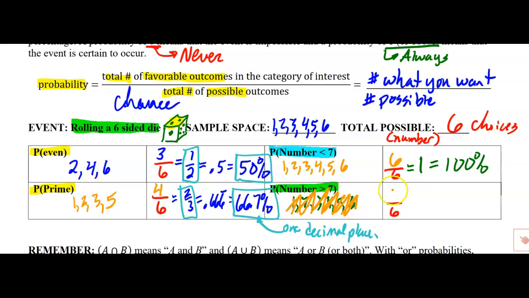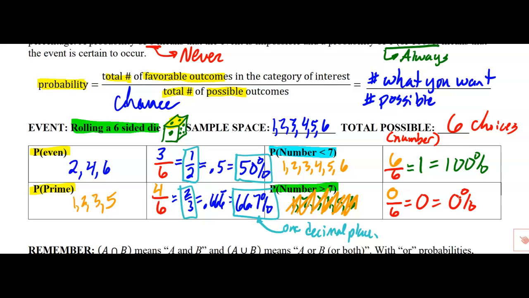So my actual chance here is 0. If I want to win my game by rolling a number greater than 7, that is never going to happen. So that probability is 0, never, and that's a 0% set.